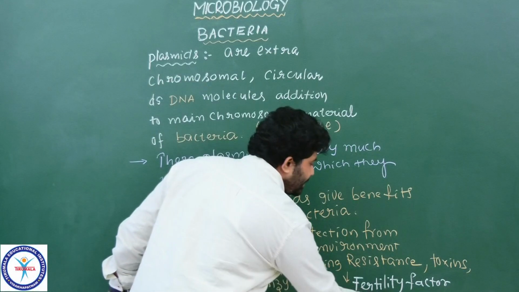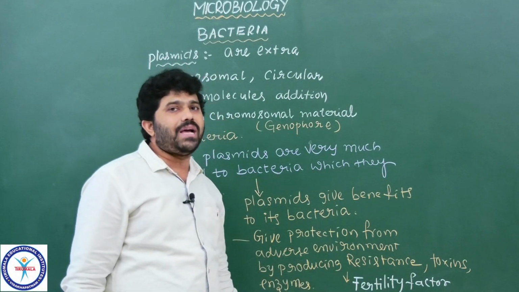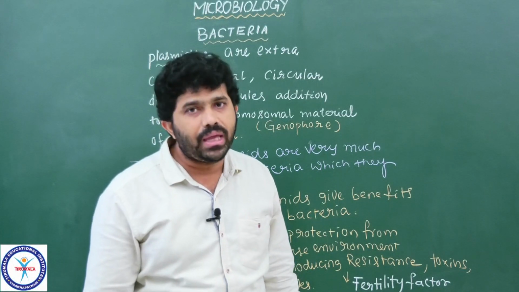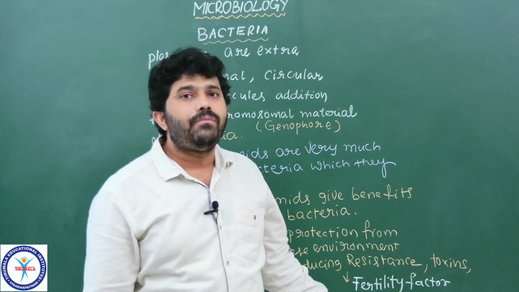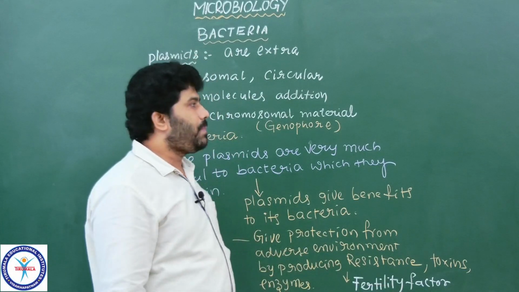Understood? So it acts as a fertility factor. That particular bacteria which possess plasmids able to perform the process of fertility are called fertility F plus bacteria. Those plasmids are called F plus plasmids.